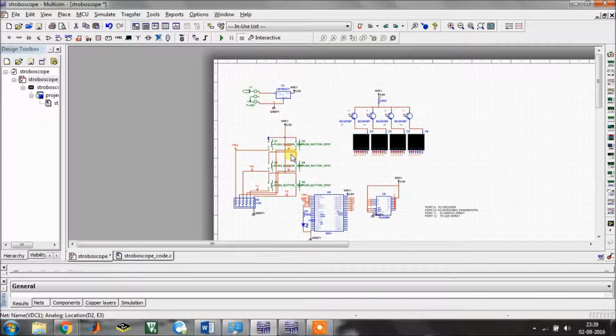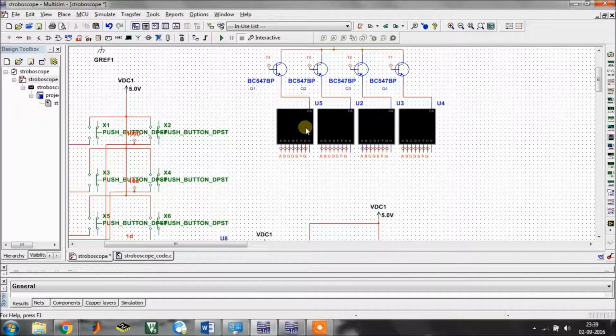Here we have these 7-segment displays which are going to display the speed in RPM, and that is what we actually want. There is one very important design consideration: we have 4 7-segment displays over here.